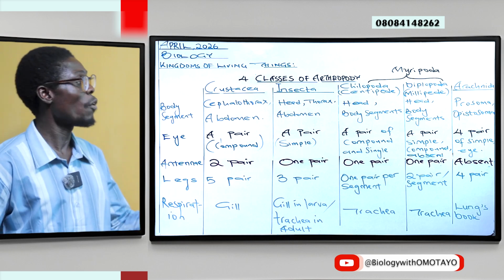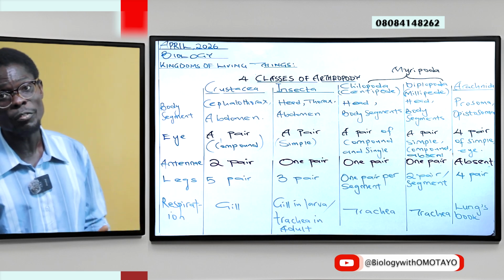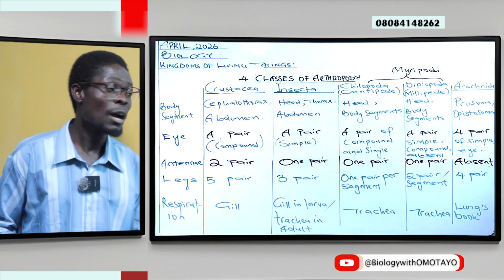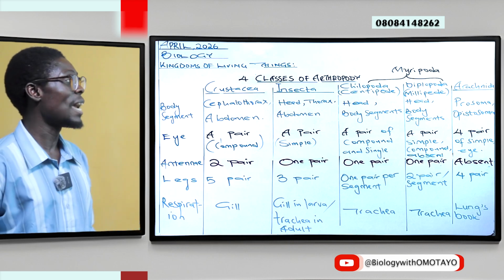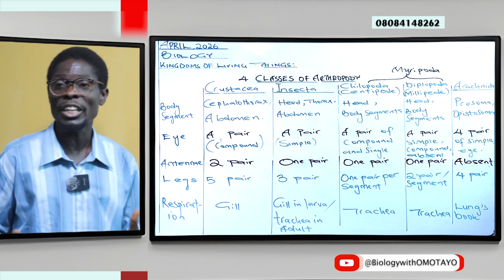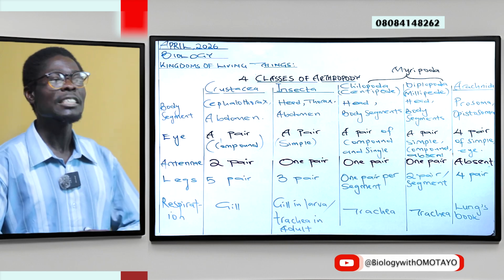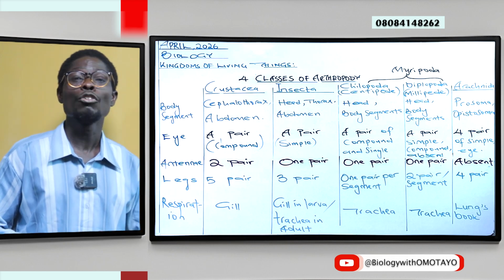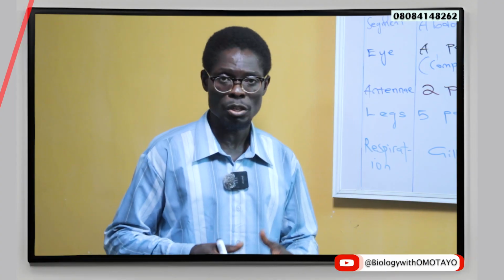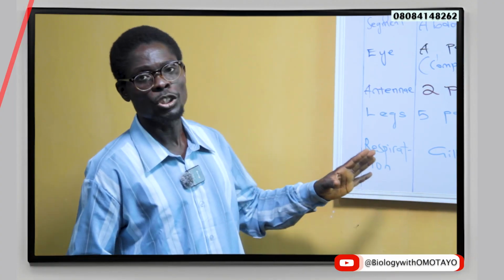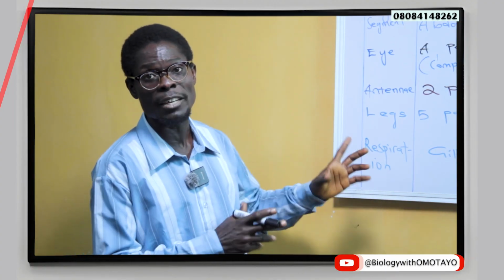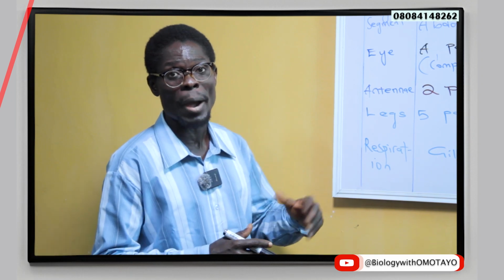As you can see, for crustaceans, they make use of gills. For Insecta, a tracheal system. And then for the Myriapoda, a tracheal system as well. While for your Arachnida, basically, they make use of what is referred to as lung books. Lung books.